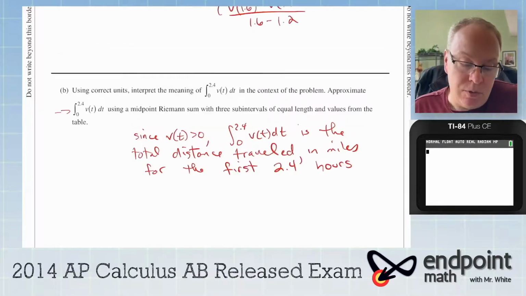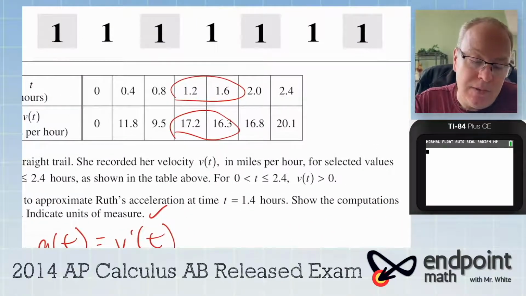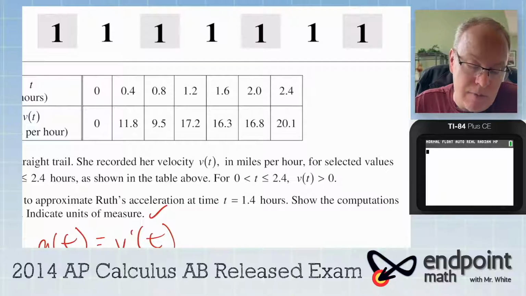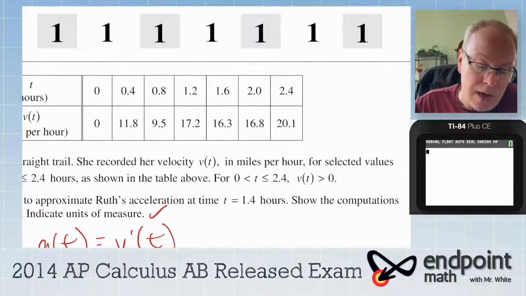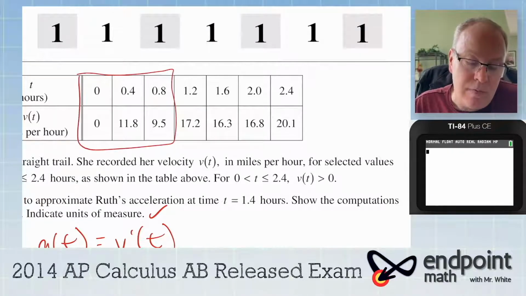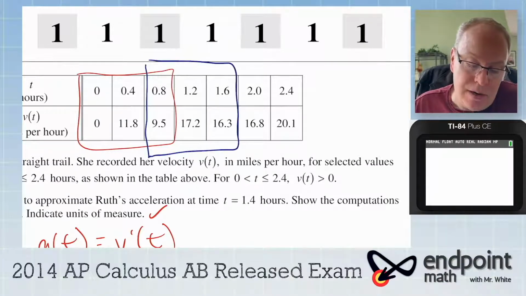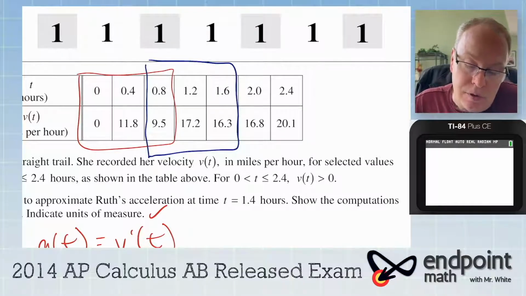and values from the table. So 3. Well, conveniently, we've got 7 points. Since we have 7 points, we have one midpoint here. We can use that as one of them, and then we'll be able to do a midpoint between that, and then a third midpoint here.